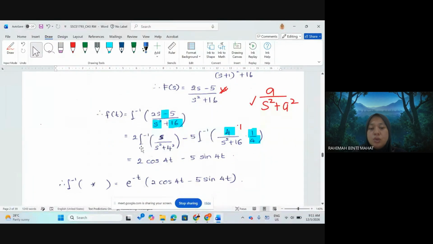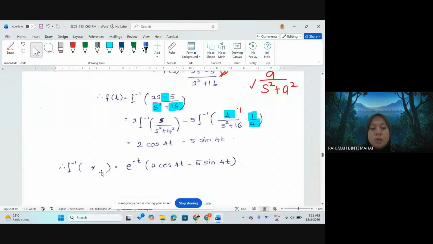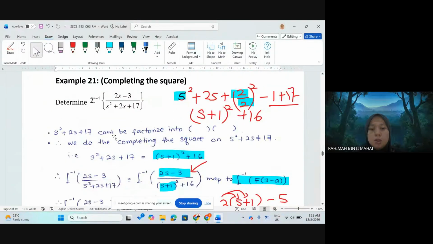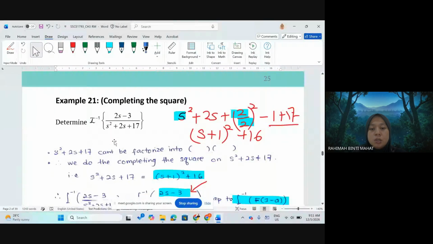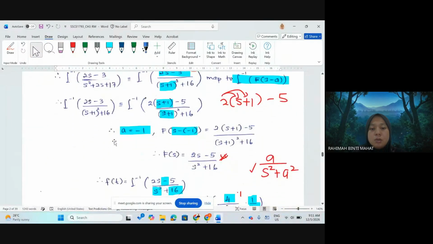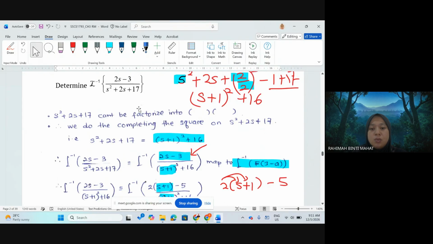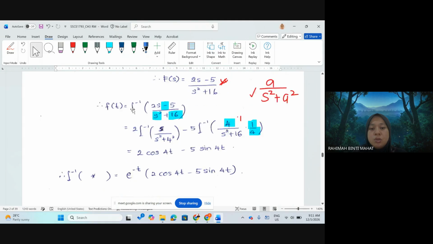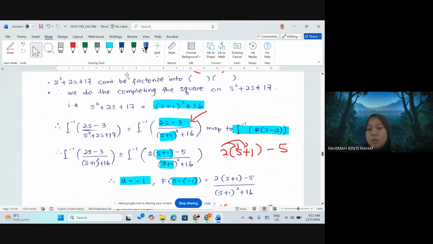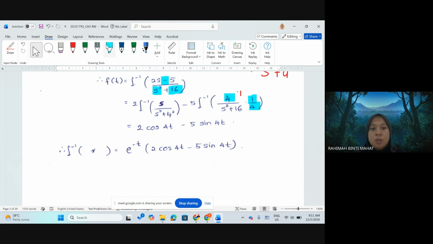So you want to take the inverse Laplace of what is the star here? The question here is equal to this one. This is the star. You go back to the previous formula. What is the formula of Fs minus a? For this formula, there is an exponent, okay? Please don't forget to put the exponent.